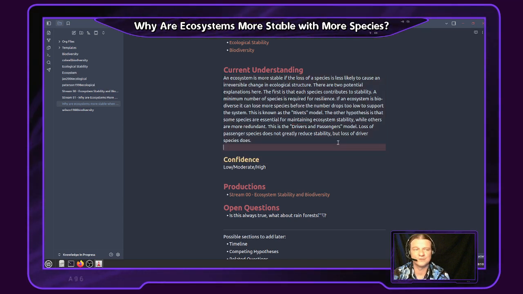And if you lose a species, it's very likely that you lose a driver because most of the species are drivers. You can compare that to a different ecosystem where maybe you have a handful of drivers and the rest of the species are passengers. If you lose a species there, then you wouldn't have as big of an impact on the overall stability.